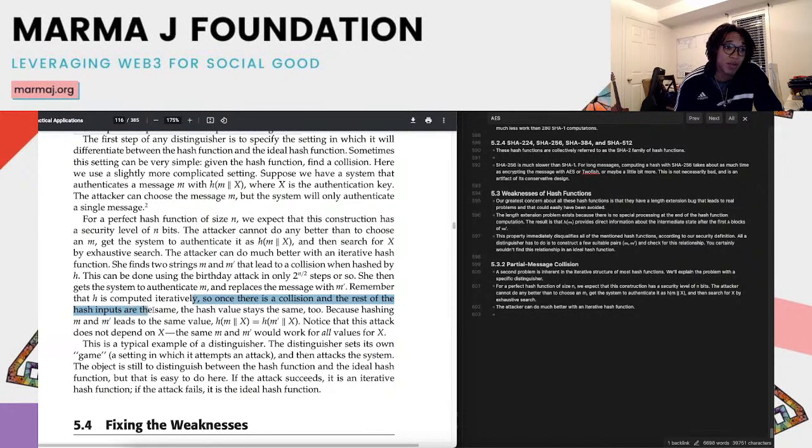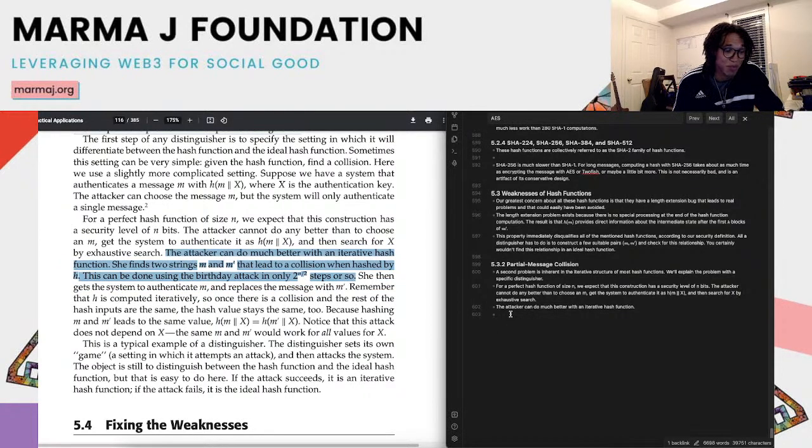I'm not sure, I mean, I get it. That's an attack. And I guess the idea is you can do it in birthday attack steps. You could do better, you find this, and you can do it in birthday steps.